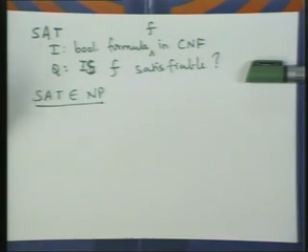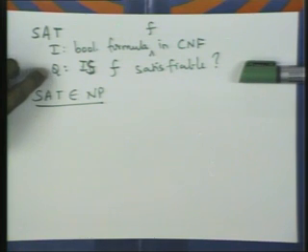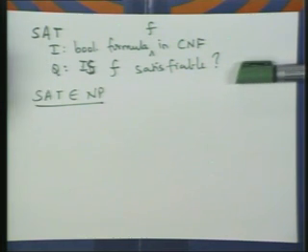The prover says yes, it is satisfiable. Then how can the verifier be convinced that a given formula is indeed satisfiable? What does the prover give the verifier so that the verifier can look at this advice, look at the input formula, and be completely convinced that yes, the formula is indeed satisfiable?